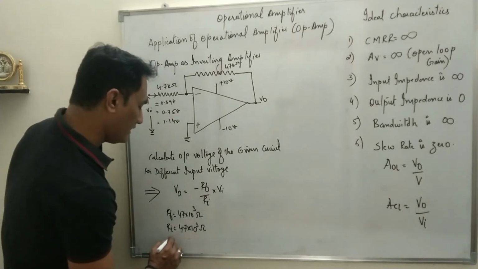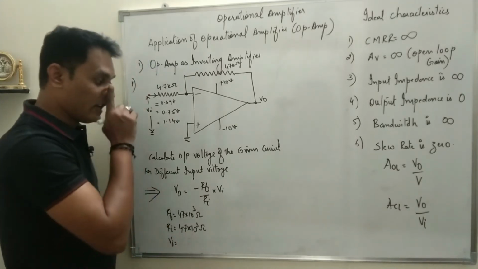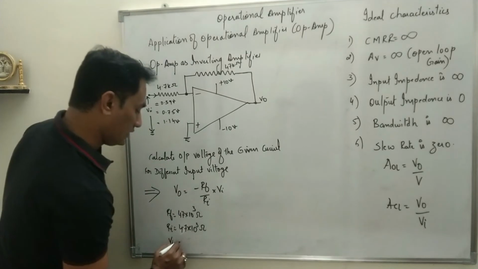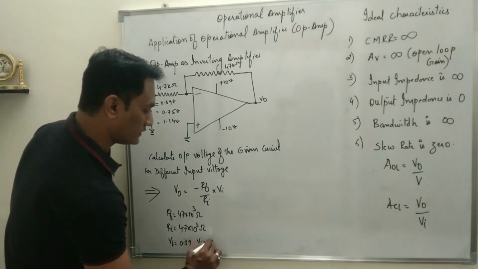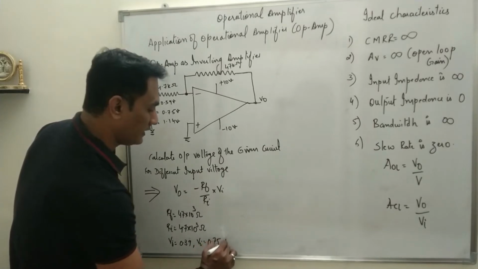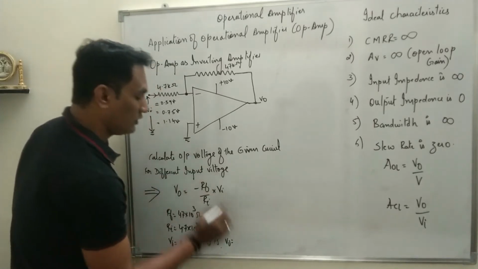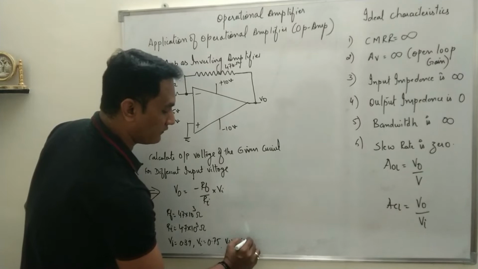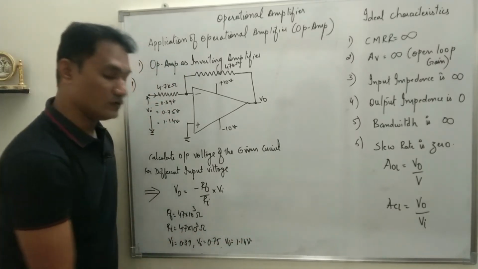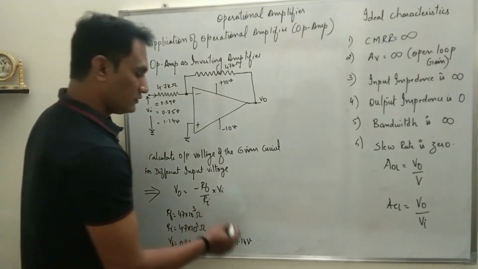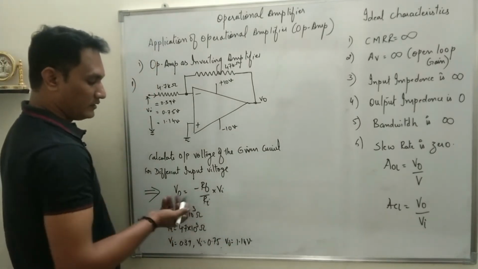And Vi, we have three different values: Vi is equal to 0.39, Vi is equal to 0.75, and Vi is equal to 1.14 volt. So we have to calculate the output voltage for these three different values of input voltage. You just have to substitute the values one by one and you can easily find out.